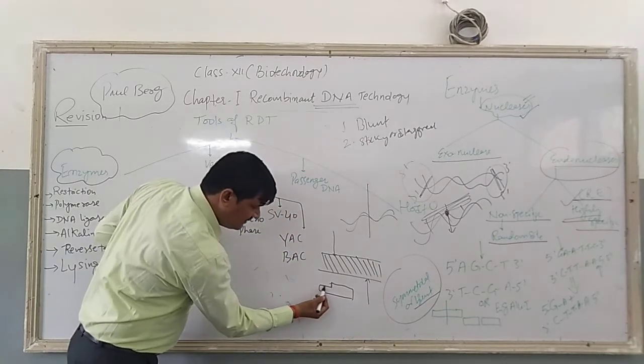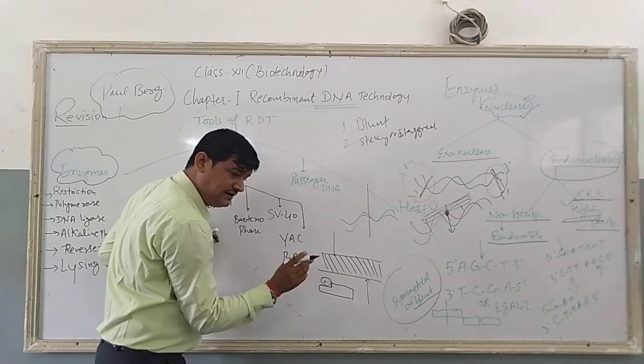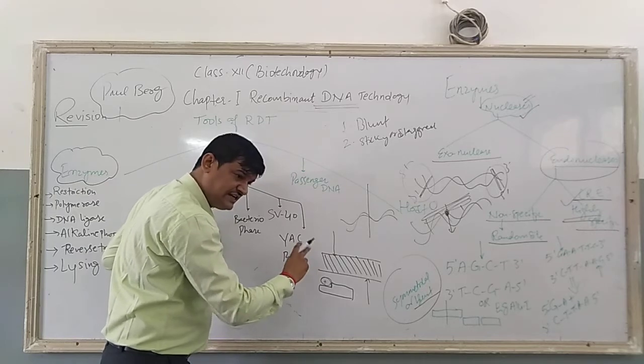You can see this is the overhang or recessed part. Therefore, we call it staggered, which means in a zigzag fashion.